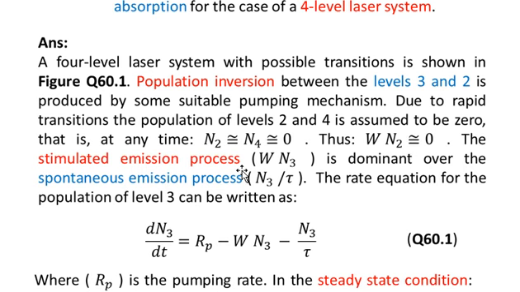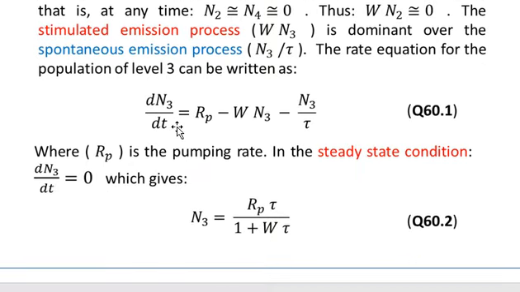The stimulated emission process represented by WN3 is dominant over the spontaneous emission process represented by N3 over tau. The rate equation for the population of level 3 can be written as dN3 over dt, the rate of change of the population in level 3, equal to Rp, the pumping rate, minus W times N3, the stimulated emission rate, and minus N3 over tau, the term due to spontaneous emission.